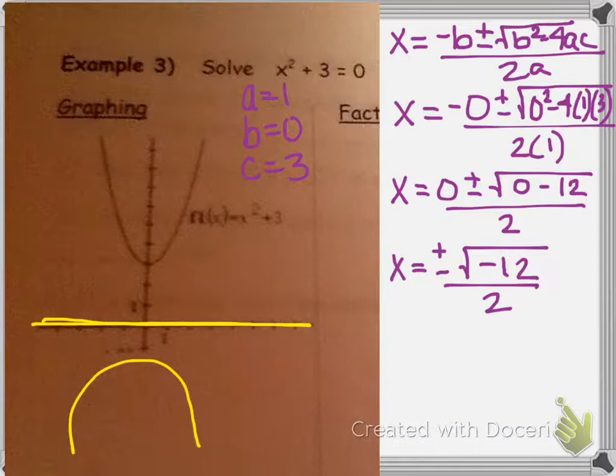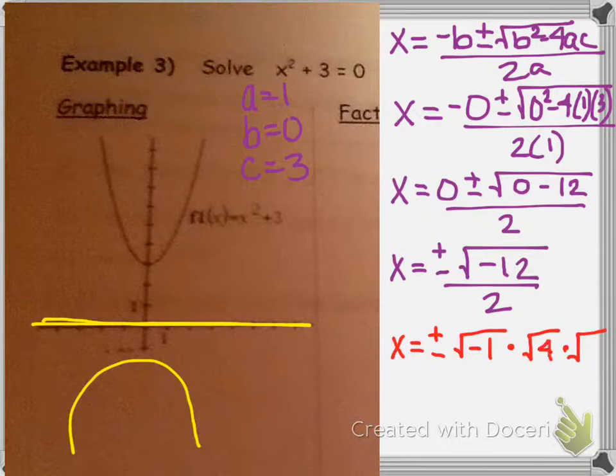So what do we do? Well, we're going to take out the negative and take out any perfect square factors. So let's say x equals plus or minus the square root of negative 1. So I'm just going to find another way to write negative 12 with square roots. The perfect square factor hiding inside of 12, now that I've taken out the negative 1, is 4.